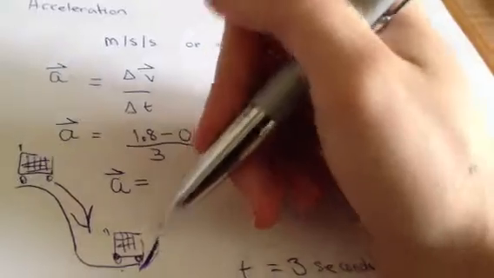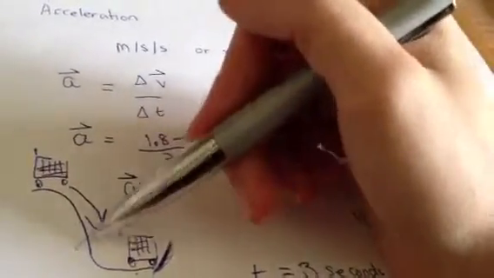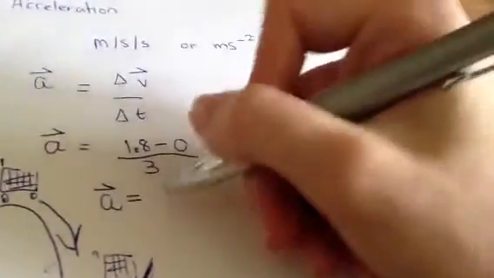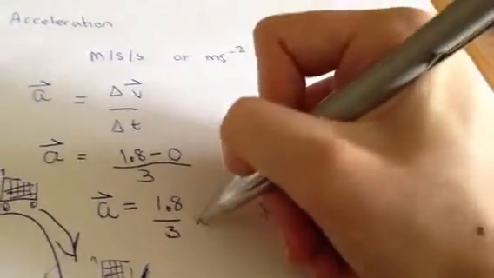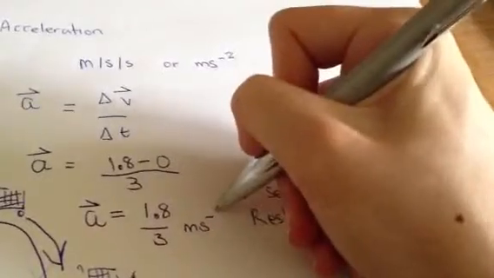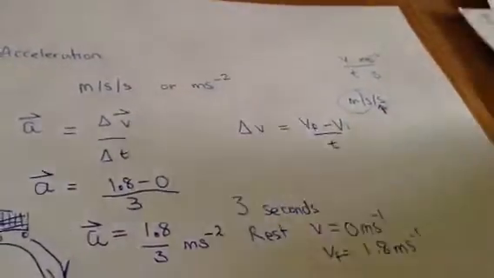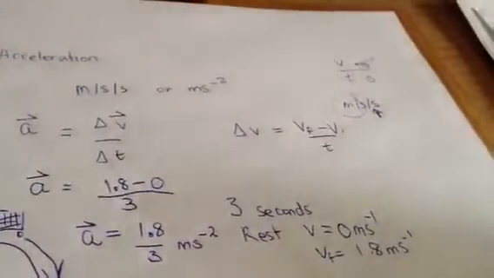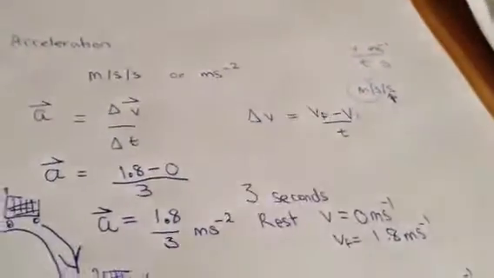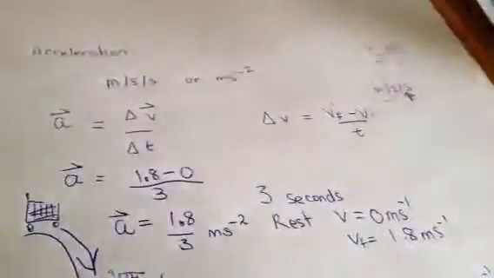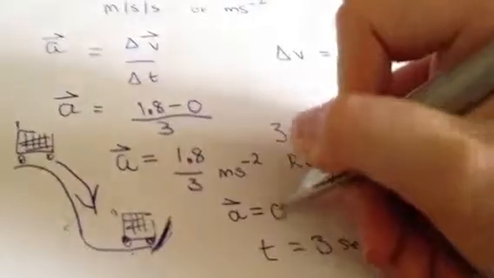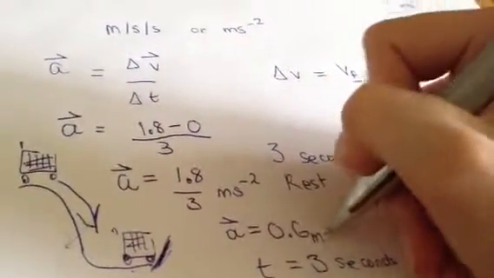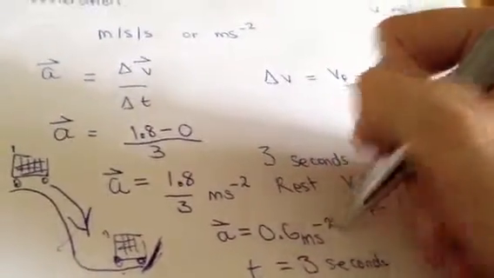Because if it was decelerating, then we'd have to look at an acceleration phase and then a deceleration phase. But just for this, it'd be 1.8 over 3 meters per second for acceleration. And when we actually look at what that calculates down to, which I'm just quickly calculating now, we basically get that the acceleration is, of course, 0.6 meters per second.